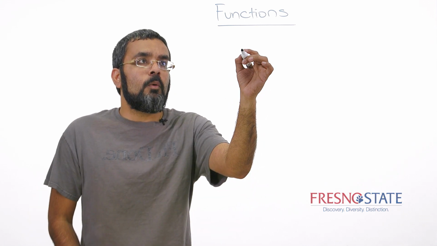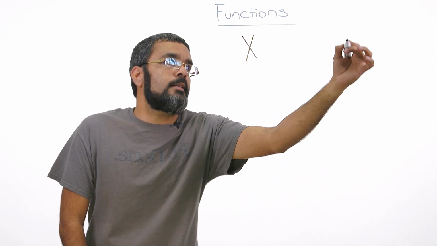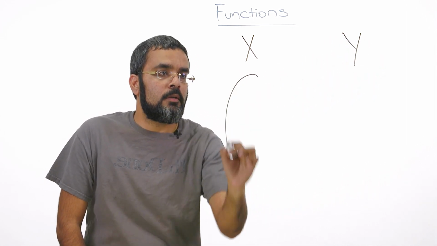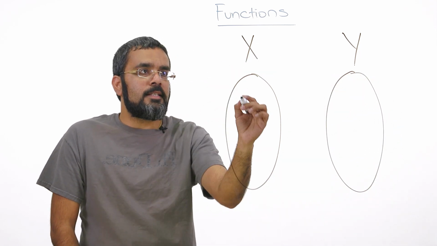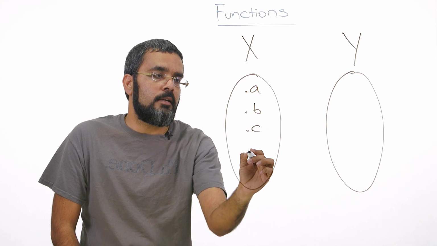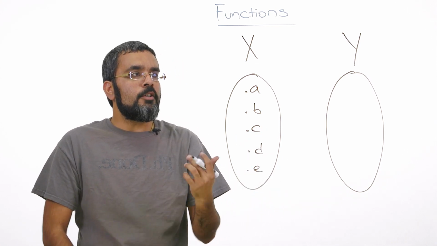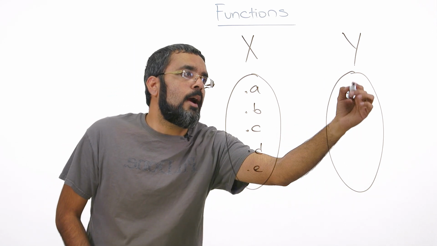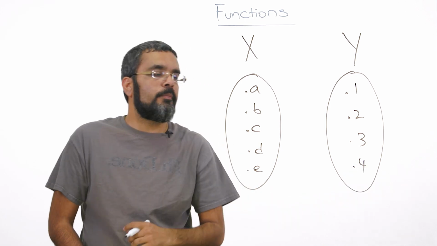So what a function does is, let's say I have two sets, a set x and a set y, and I'm going to draw these sets over here. This set has some elements, let's call them A, B, C, D, and E. And y has some elements, say 1, 2, 3, and 4.